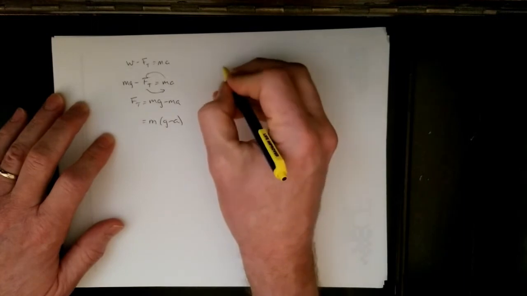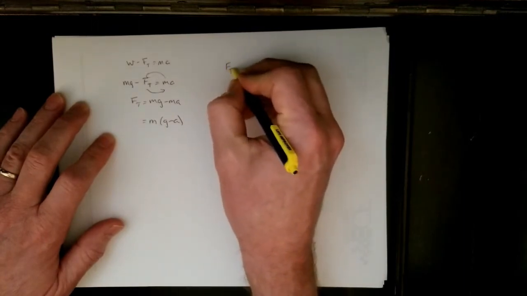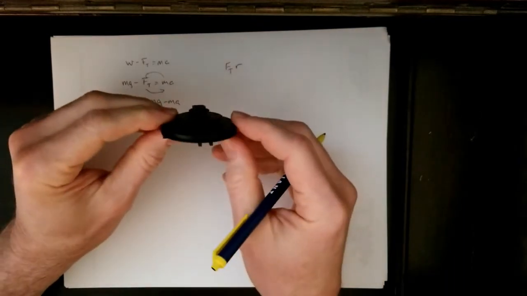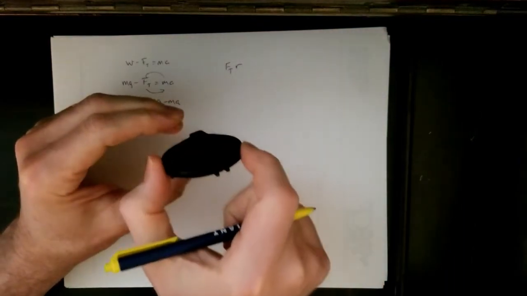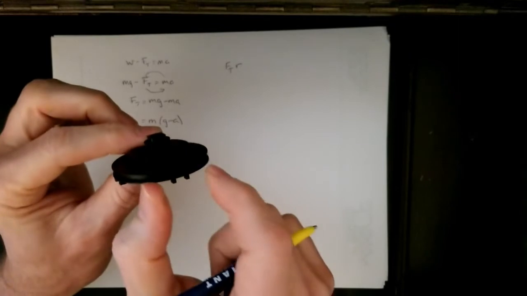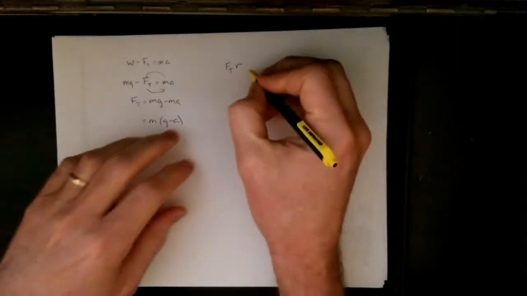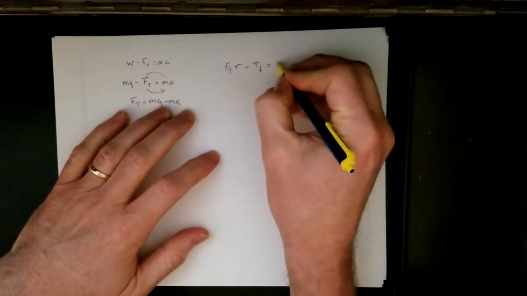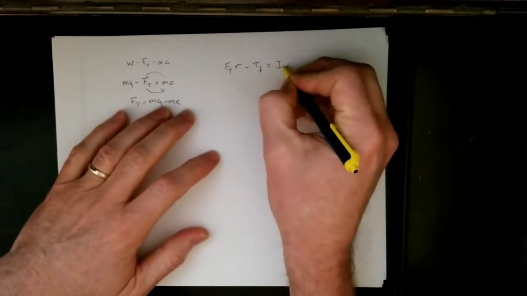Now for our k equation, we have the tension times the moment arm. So this r is the radius of the disk, and in the lab that we did, the long one, we found the diameter, so the radius is just going to be half that value. Minus the torque from friction is equal to I times alpha.